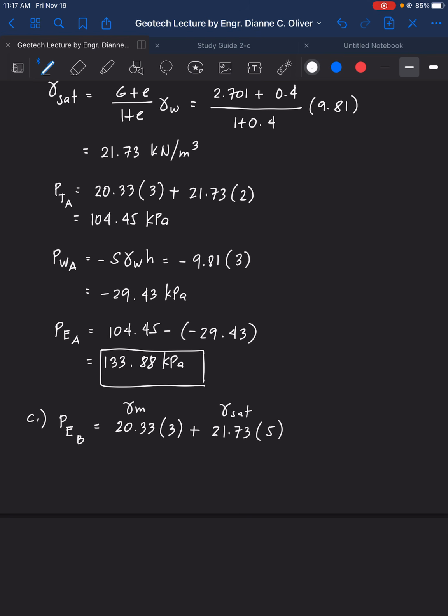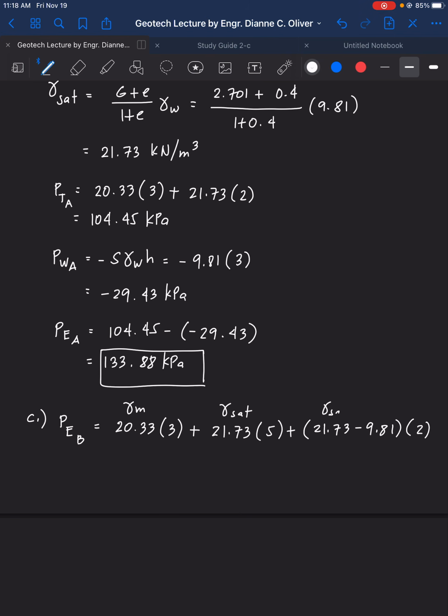Now, take note when we are considering the gamma sat that is submerged, or that is below the water table, 21.73 minus 9.81 times H, that is 2 from the water table.